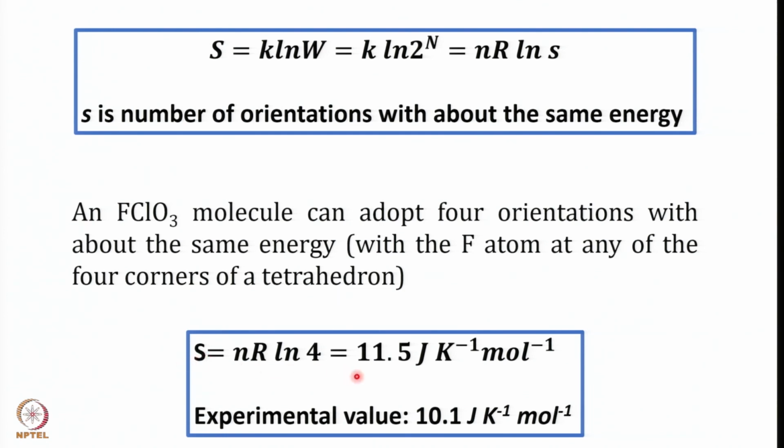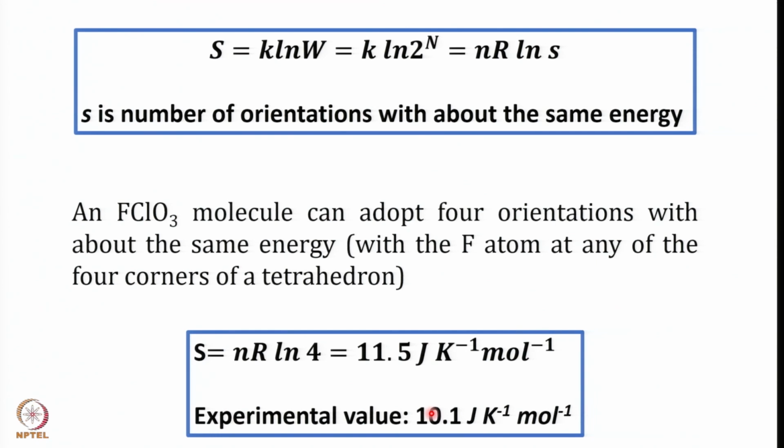So, S = NR log 4, and if you put N equal to 1, the molar residual entropy turns out to be 11.5 joules per Kelvin per mole, whereas the experimental value is 10.1 joules per Kelvin per mole. There is a very good degree of agreement between the calculated value and the experimental value.